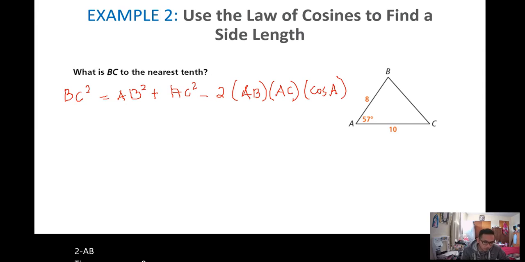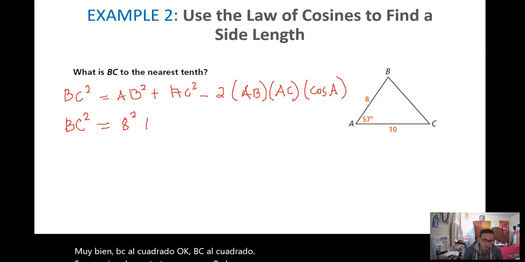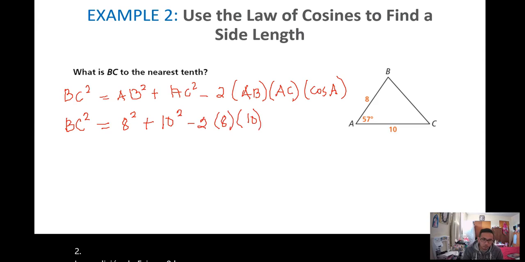All right, so BC squared is approximately, we have AB squared, it's 8 squared, plus AC, that's 10 squared, minus 2, the measurement of AB is 8, the measurement of AC is 10, and then cosine 57.